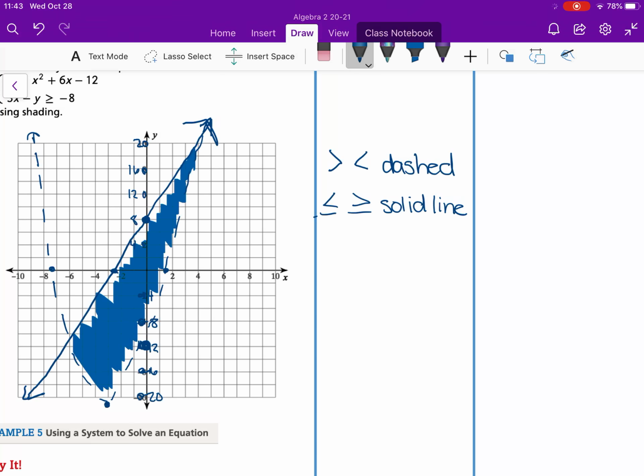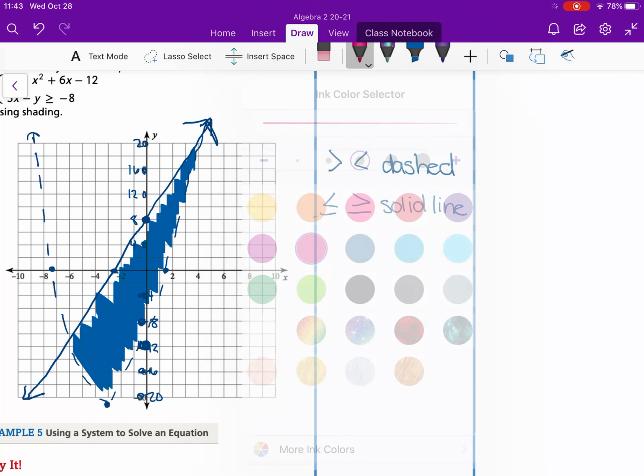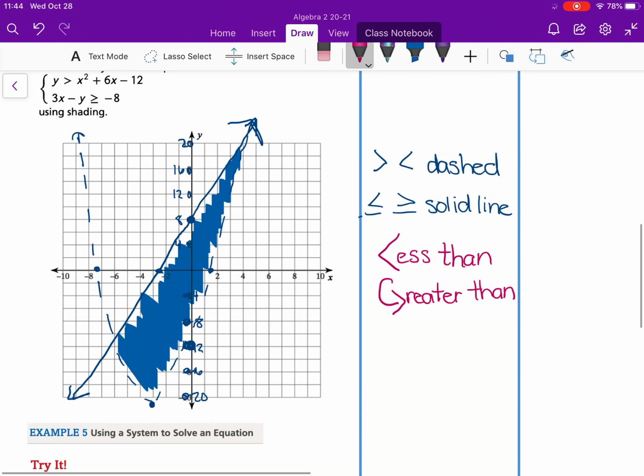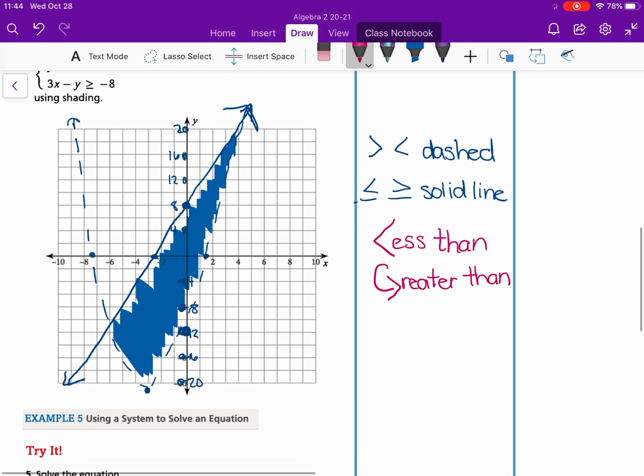If you still have trouble with what's less than and what's greater than, less than makes the L for the word less. Greater than makes the wing for the capital G in greater than. Okay, so just to help you out with some brief notes there.